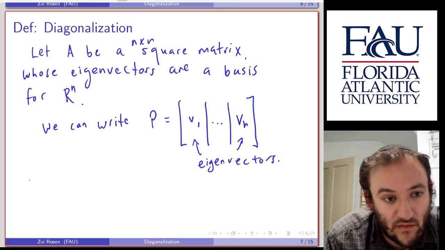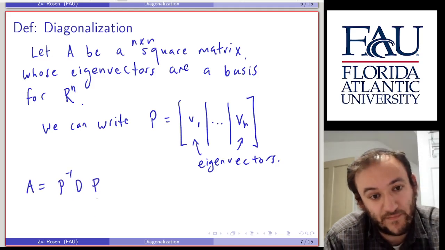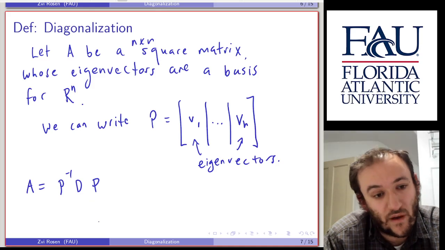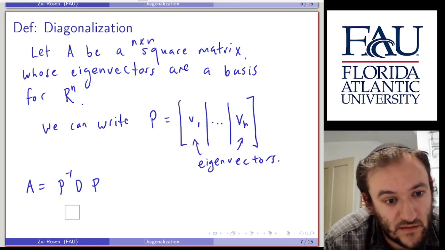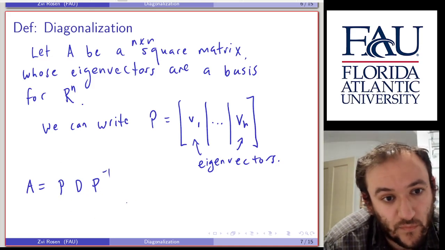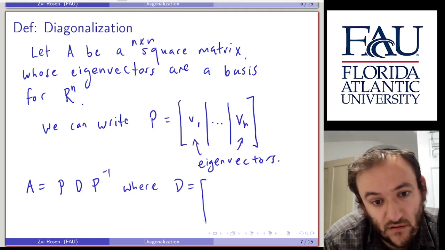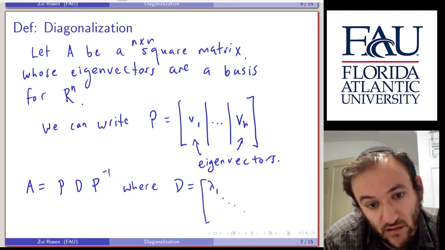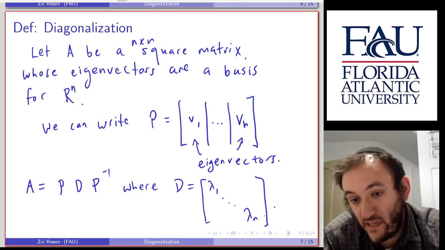And then the matrix A can be written as, sorry, it should be P D P inverse, where P is as above and D is equal to lambda 1 down through lambda n, being the eigenvalues.